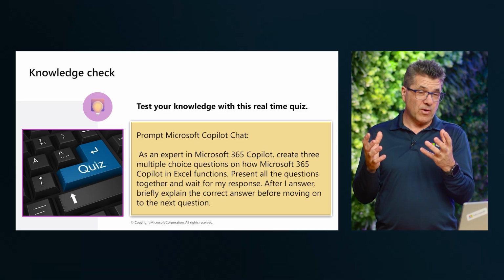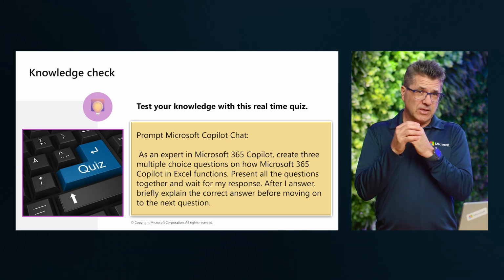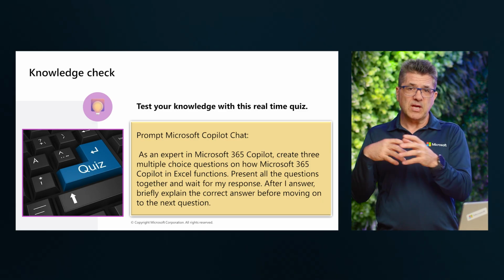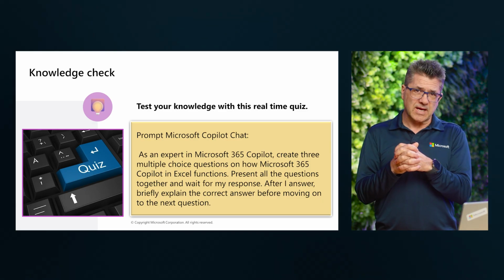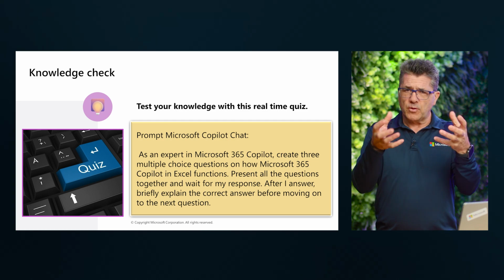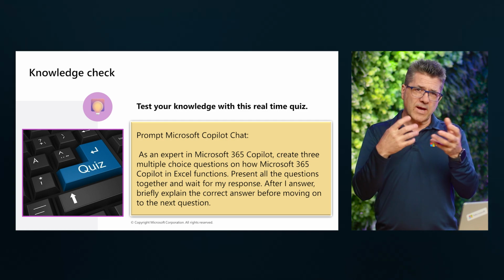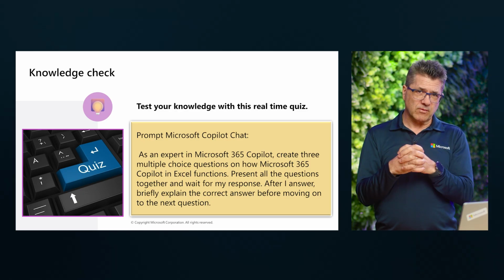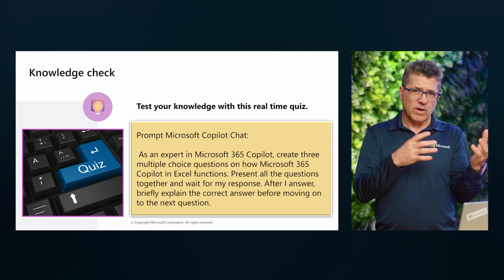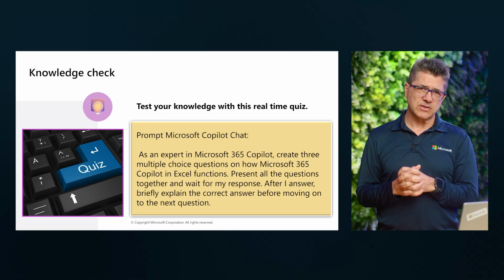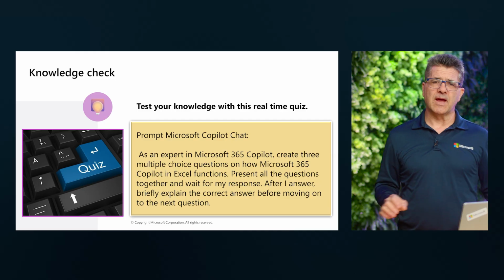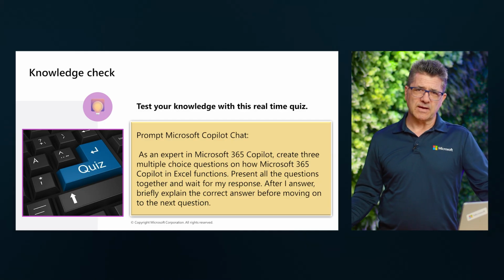And as we mentioned before, you can increase the number of questions, increase the difficulty, tell exactly the Excel functions, maybe additional things you want to discuss, insights, present all the questions at once or one question at a time, and then wait for you to respond, provide the correct answer. And if you said one question at a time, ask additional questions as well. So a great way for you to learn is leveraging these real-time quizzes.